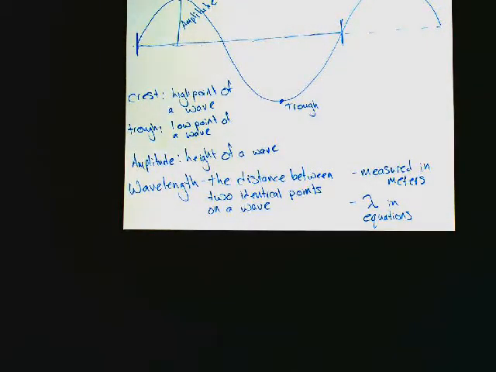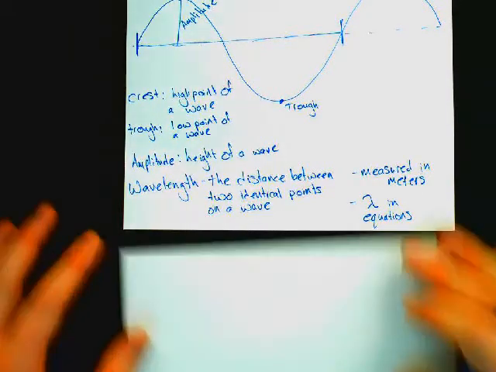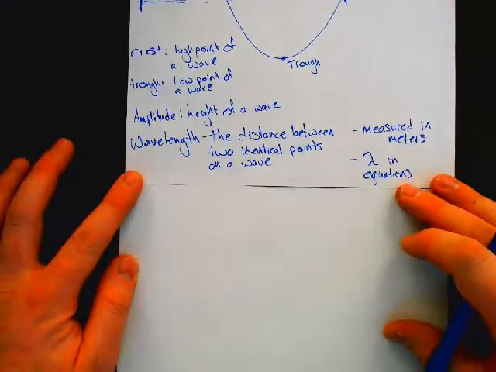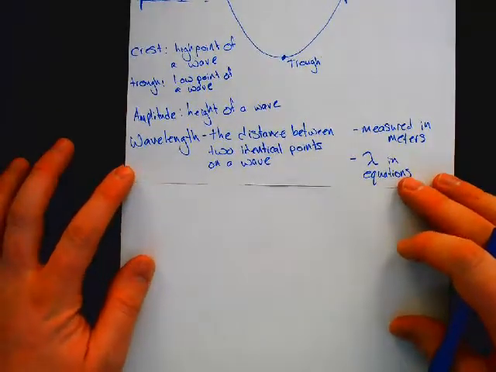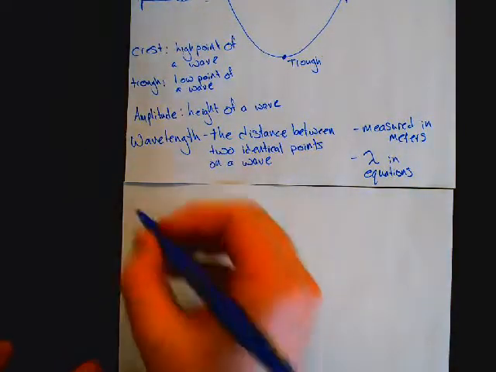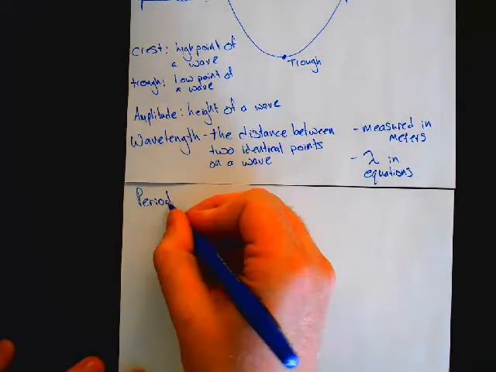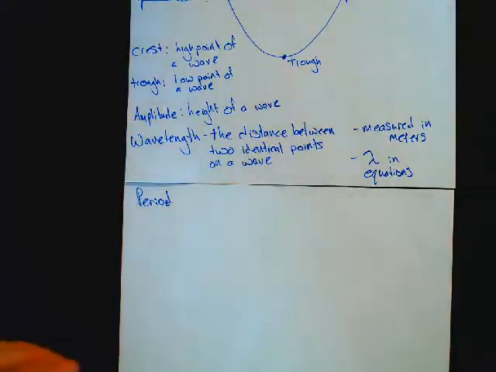Good. All right, we've got three more definitions. Fortunately, with wavelength, these other three apply to all types of waves, regardless of whether they're transverse or even mechanical. So next up is the period. Now, I can't draw a period on my diagram up top because period's an amount of time.